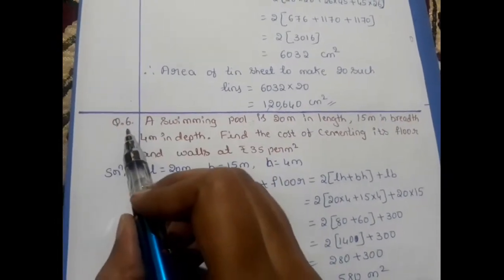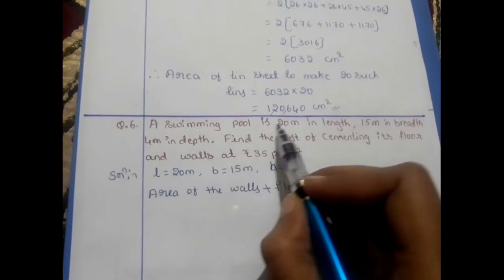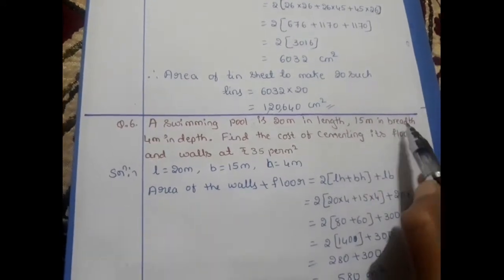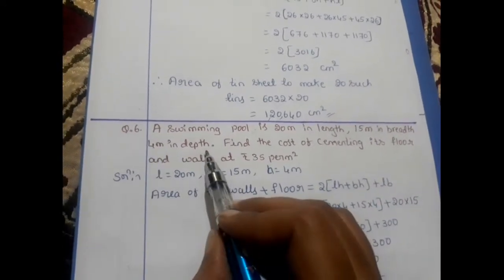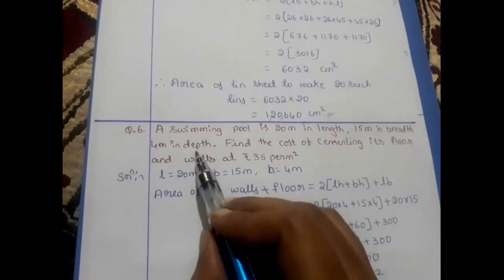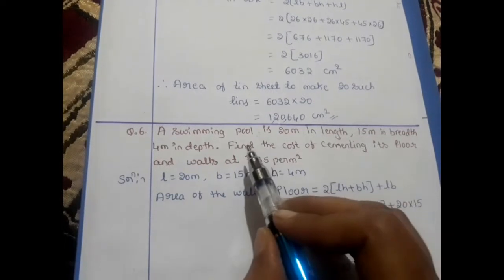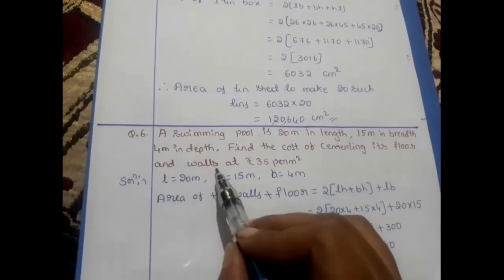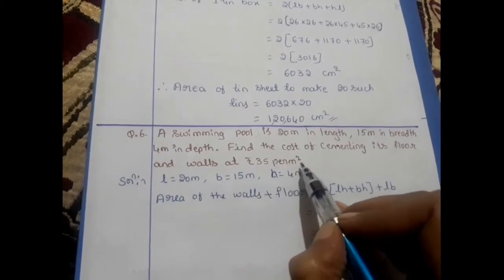Question number 6. A swimming pool is 20 meter in length, 15 meter in breadth, 4 meter in depth. They have given the swimming pool length, breadth and depth. You have to find the cost of cementing its floor and walls at rupees 35 per meter square.